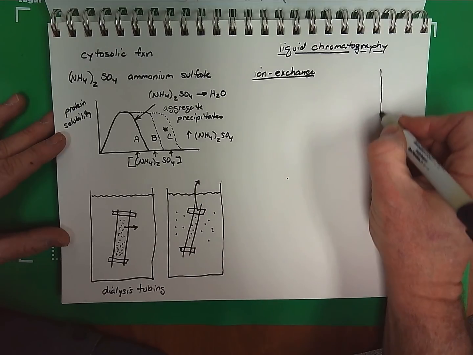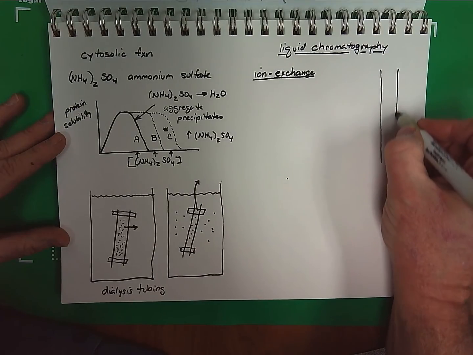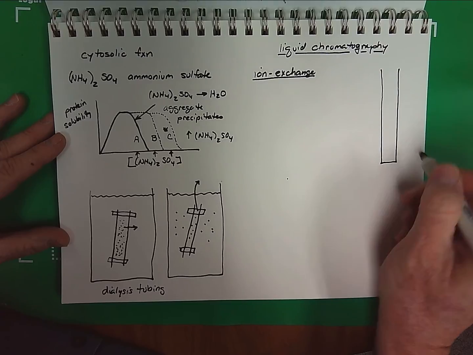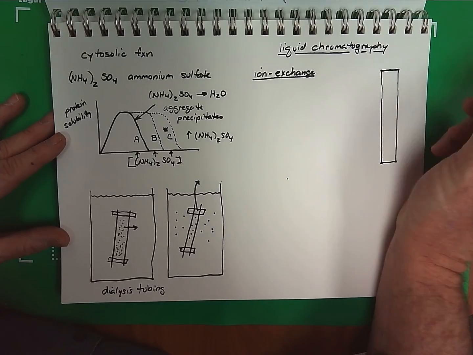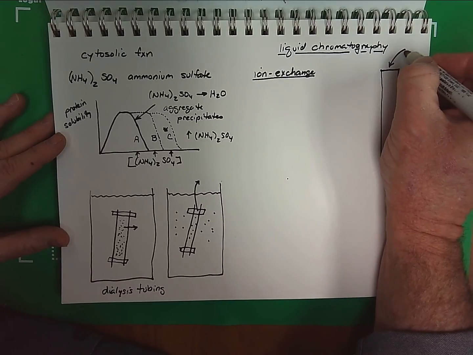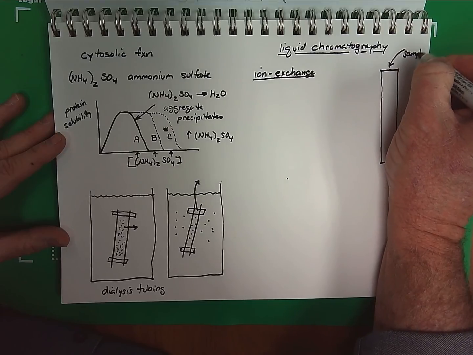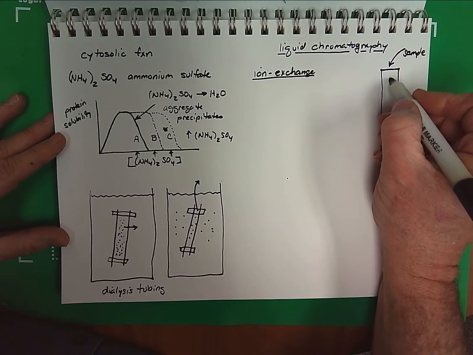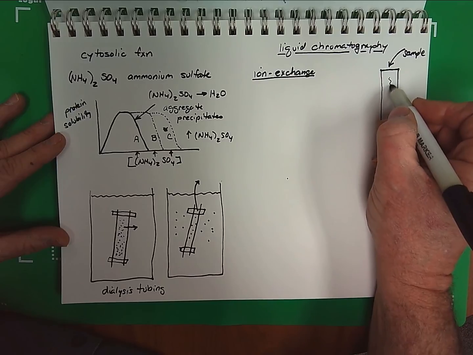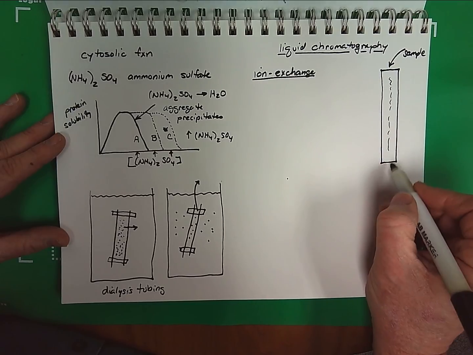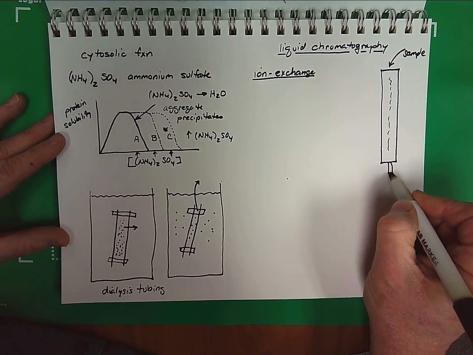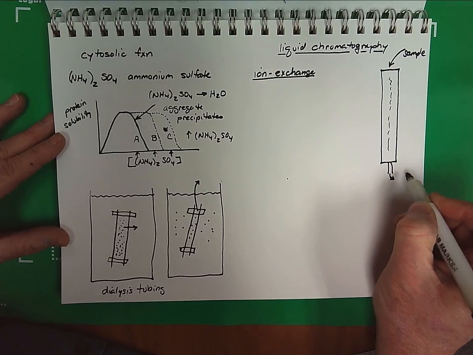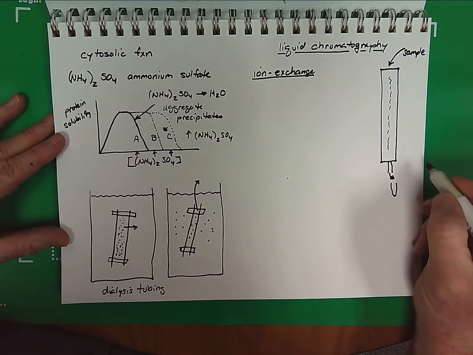Chromatography is typically done in tubes, long glass tubes. You add the sample from the top. The sample percolates through the column and then elutes out the bottom, and you collect it in a tube.